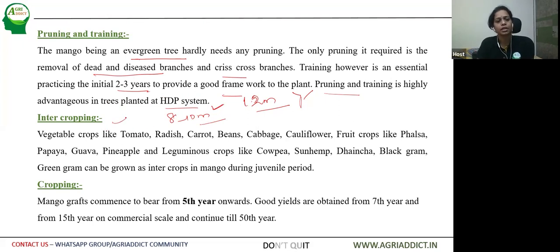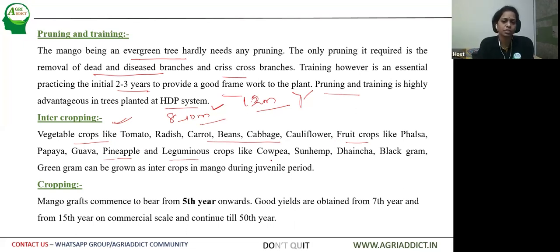Then intercropping is also done in mango orchards, with vegetable crops like tomato, radish, some of the solanaceous crops and cool season crops; short duration crops with less growth can be grown. Among the fruit crops, falsa, papaya, guava and pineapple are also practiced in some areas.